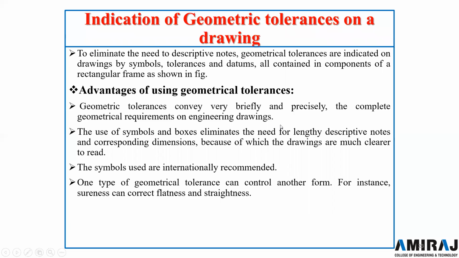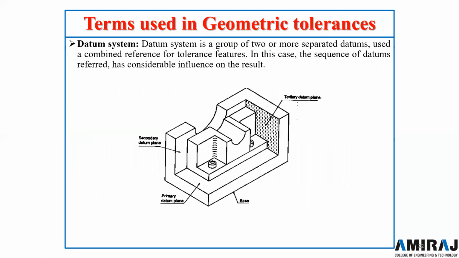Then the indication of geometric tolerance on drawing. To eliminate the need for descriptive notes, geometric tolerances are indicated on the drawing by symbols, tolerance and datums, all contained in a rectangular frame as shown in the figure over here.